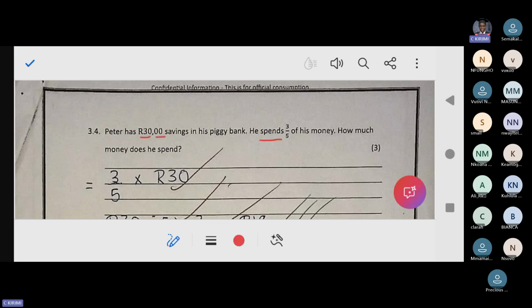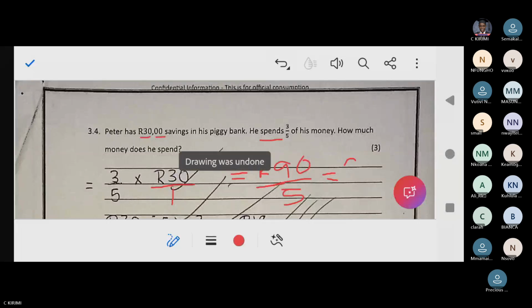So we say 30 rand as the whole number is 30 over 1. Just multiply the numerator times numerator. 3 times 30, you get 90. Then 5 times 1 is just 5. So 90 rands divided by 5. Then your answer: 5 goes into 9 how many times? Once.